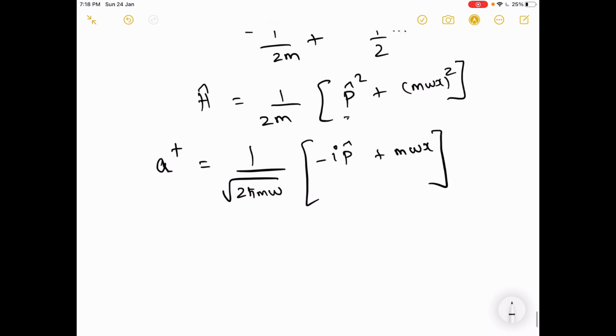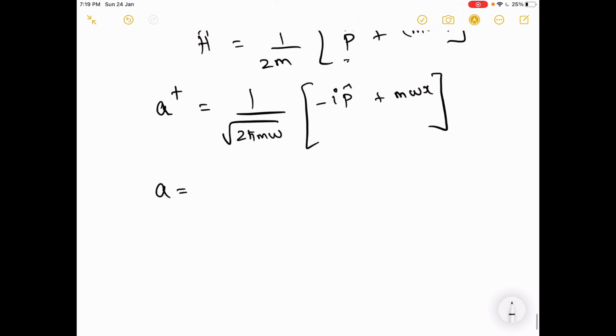I define another one, a, which is scaled by the same constant: i p hat plus m omega x.